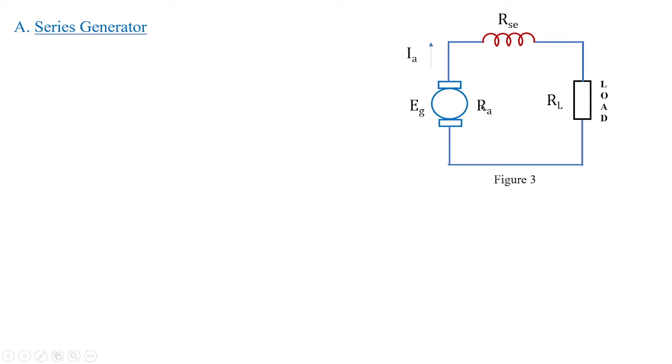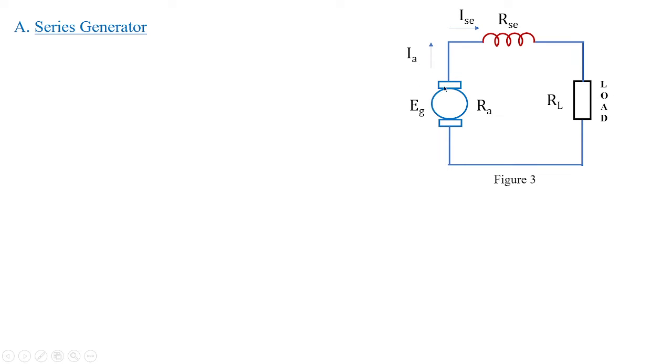Since we have Ra, initially the current obtained is Ia, that flows into the resistance Rse. So in fact this Ia is equivalent to Ise, because it's a series circuit.